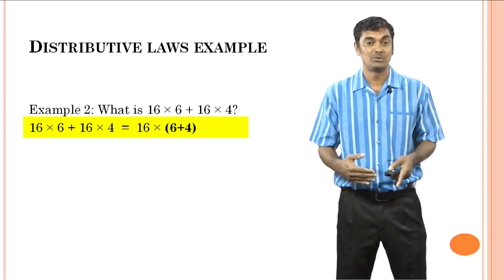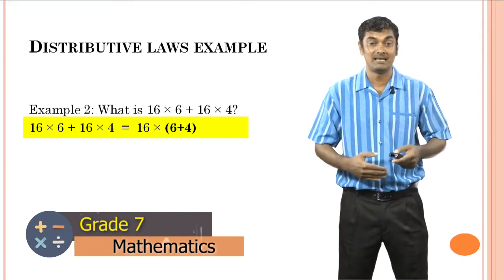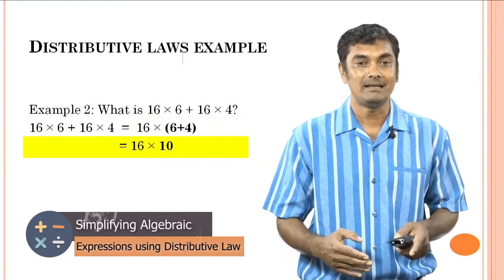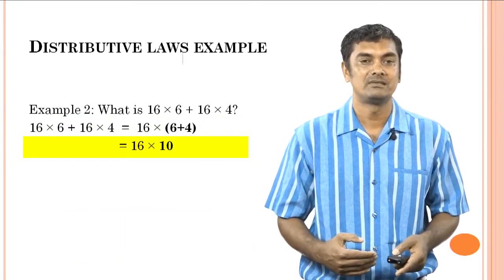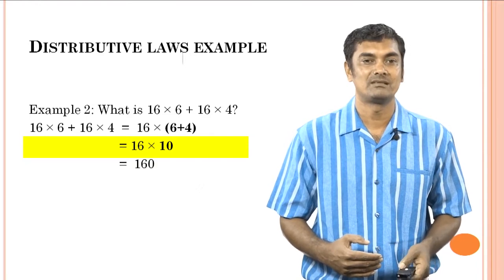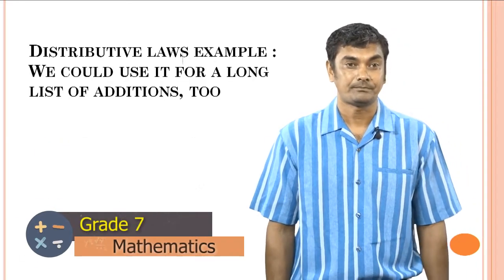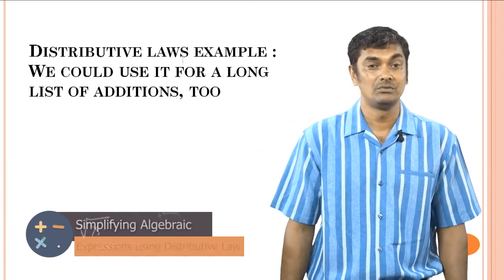Remember, in mathematics, we're trying to simplify things as far as possible so that we'll make life easier. In computing, the bracket 6 plus 4 would have given us 10, and multiplying 10 times 16 would have given us a solution.